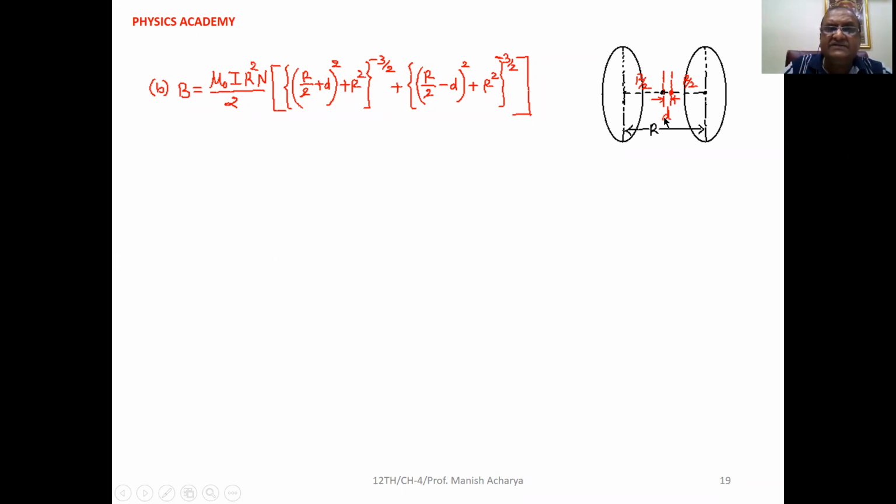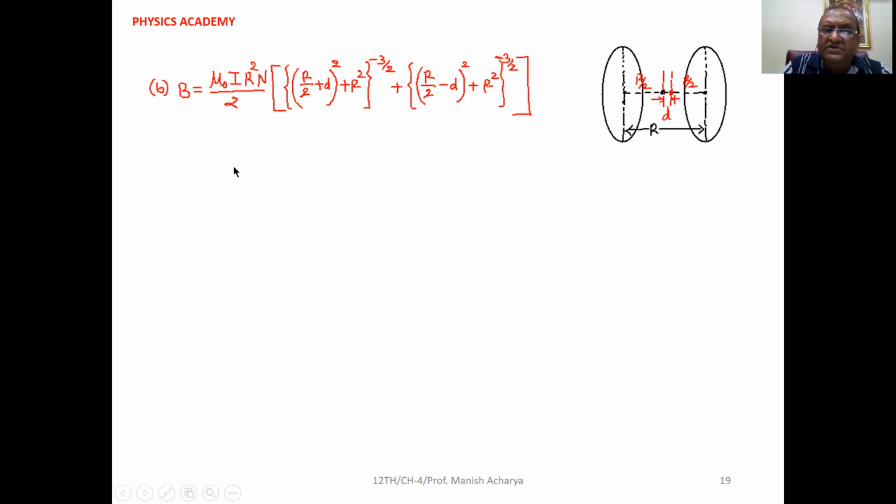It implies that from the center of the first coil, our decided point will be at distance r by 2 plus d, and for the second one it will be r by 2 minus d.